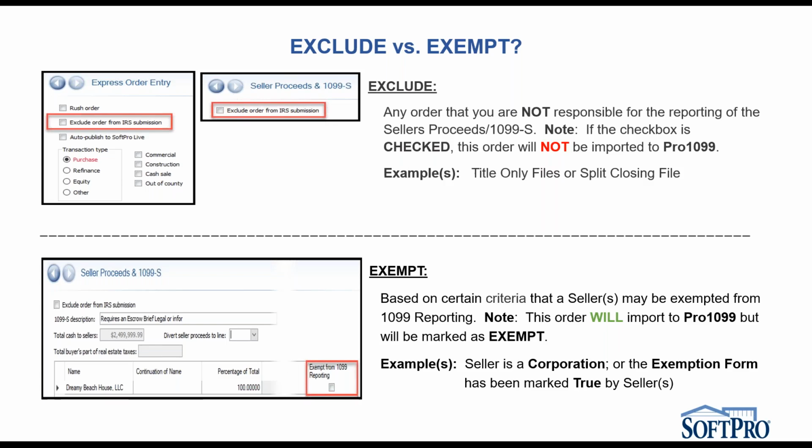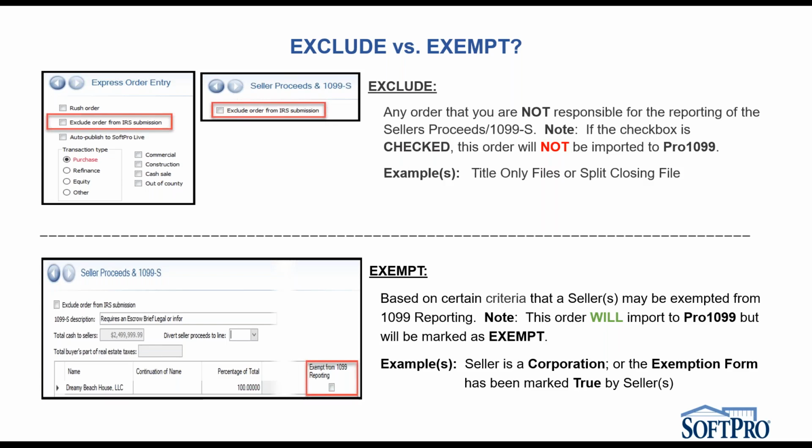Now, if you are and your seller is exempt from a 1099, then this is not the box you want to use. So again, examples of the file would be a title-only file or split closing file. Well, maybe I'm representing the buyer and not doing seller proceeds.